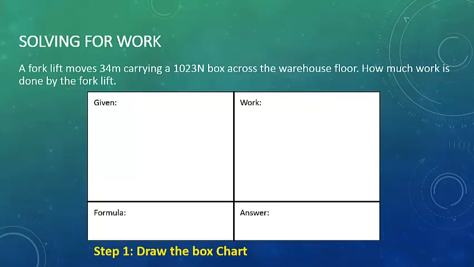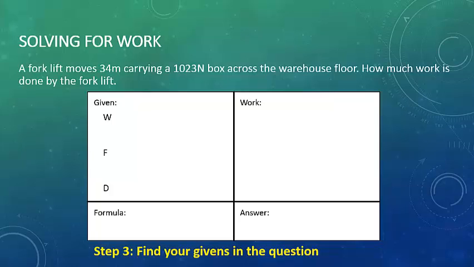So now that we got our box drawn, we got to write down our givens. W stands for work, F stands for force, D stands for distance. Now that we got our three variables down, we can determine our givens by looking at the question. The easiest way to do that is read through, and once we find a number, we stop and place it.